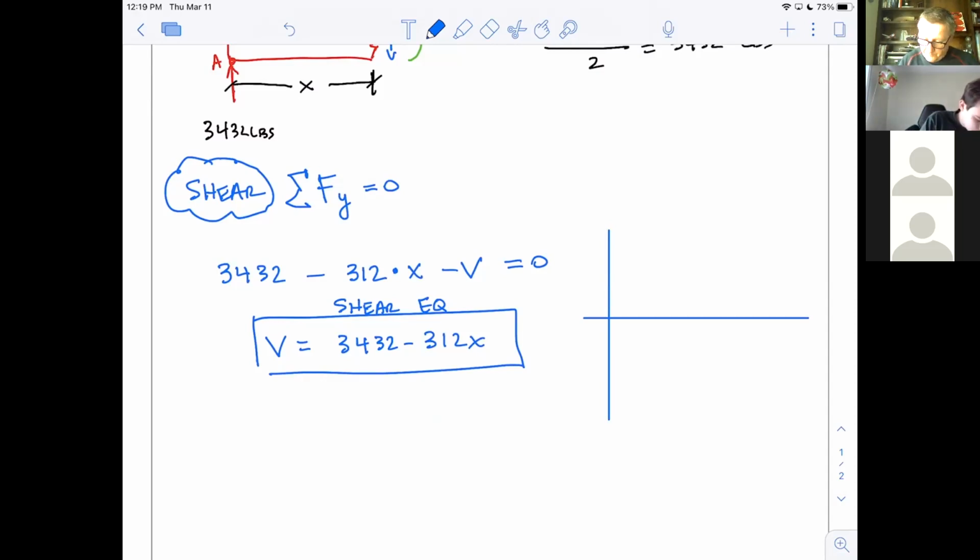So this is the V-axis, this is the X-axis. My beam is 22 feet long. At X is 0, I would have a shear of 3432. At X is 11, I would have a shear of 0.